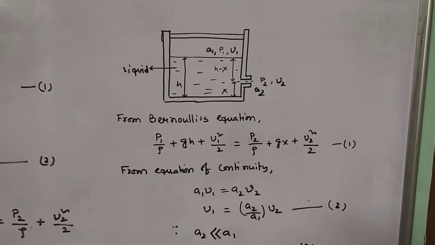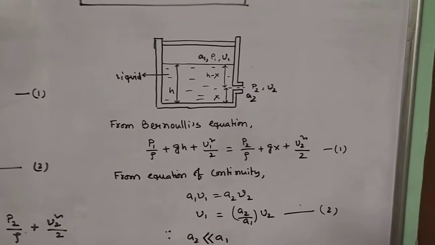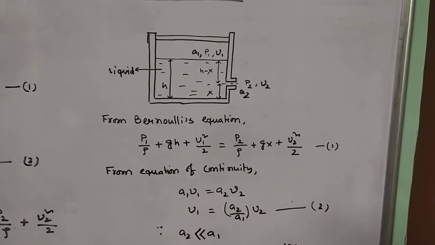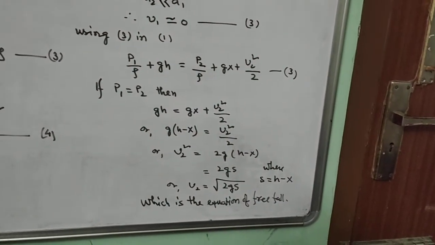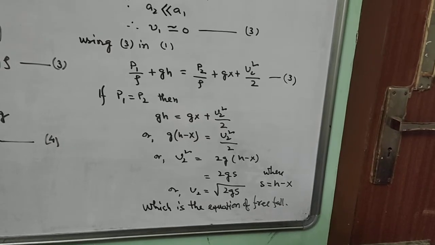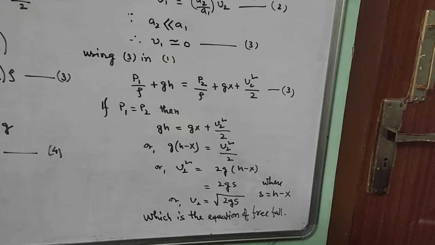The height is the height of the narrow opening from the free surface of the liquid, that is H minus x. So V2 equals root over 2gS.